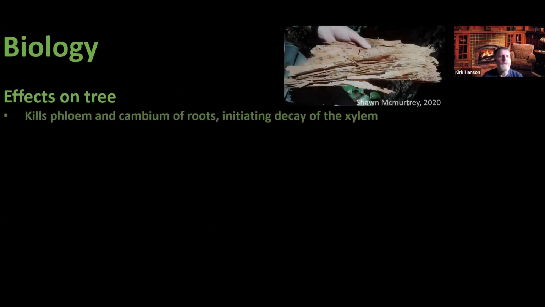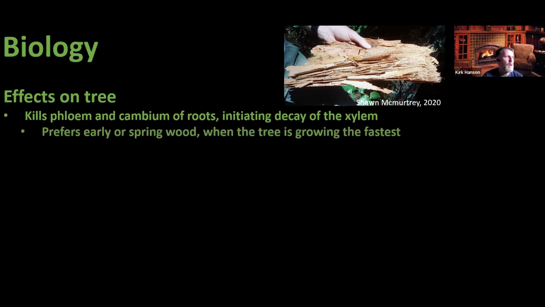So some of the effects on the tree, here's what root rot does. It kills the phloem and cambium of the roots, and it initiates decay in the xylem. And the xylem is the portion of the tree that is moving water and nutrients. And so you can see then how this fungus can reduce the vigor of its host by reducing the ability of that host tree to transfer water and nutrients up into the bole.